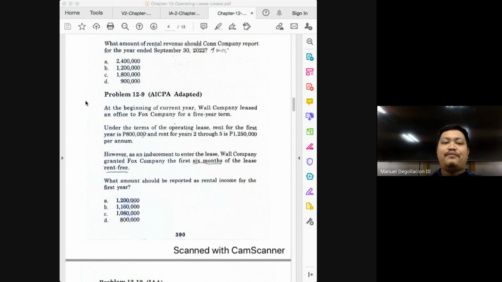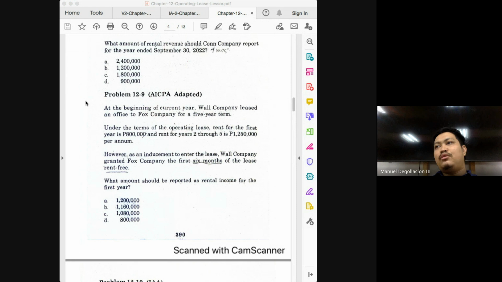And then supposedly for year 1, it's 800,000, but do you actually receive 800,000 for year 1? No, because you give the first 6 months as free. So basically, for the first year, you will only be receiving 400,000. So all in all, for the whole 5 years, you will be receiving 5,400,000.